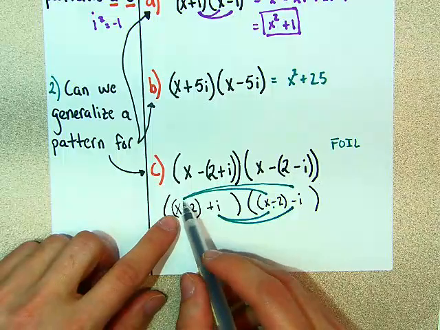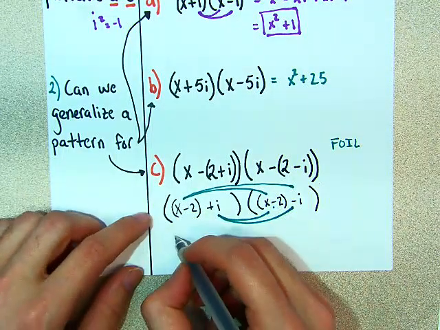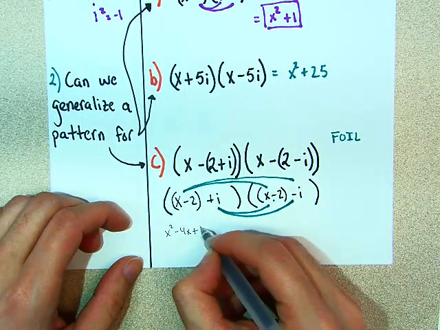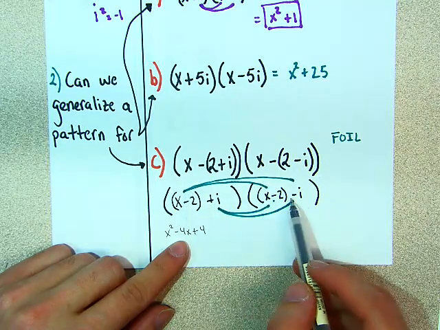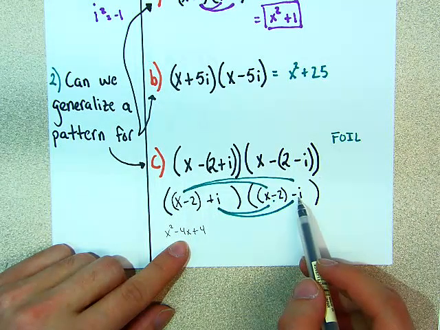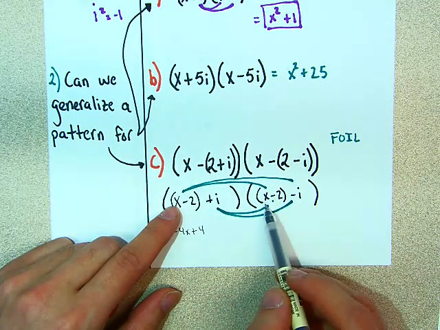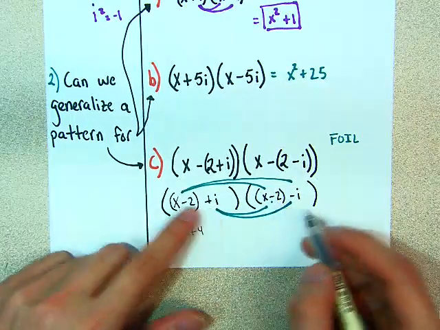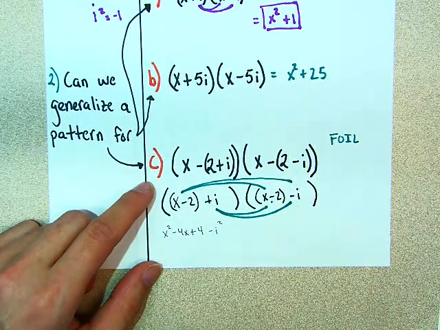But here, if you want to see the solution, x minus 2 times x minus 2, that is x squared minus 4x plus 4. Right? Here, x minus 2 times minus i, whatever that is times whatever this is, cancels out. It cancels because it's a difference of perfect squares. And here you're going to have just a minus i squared.